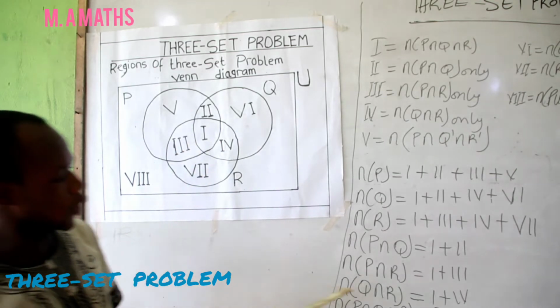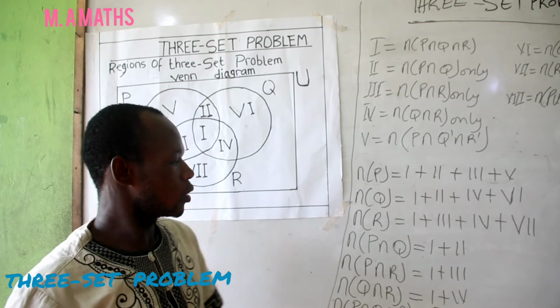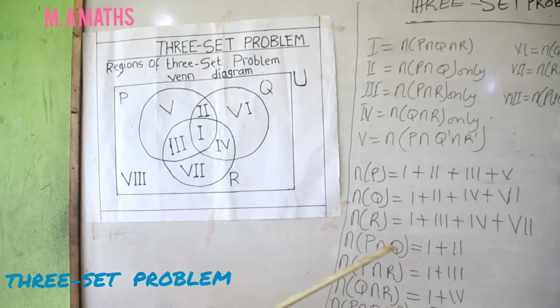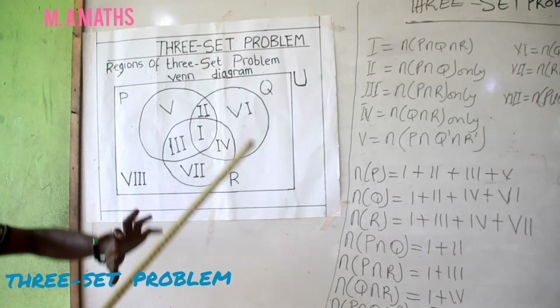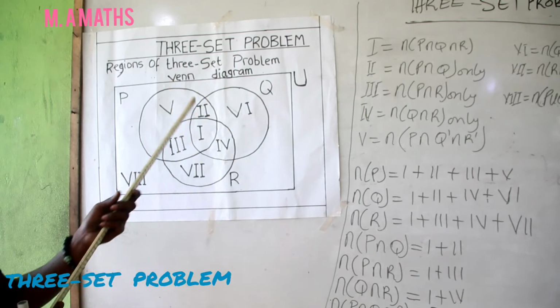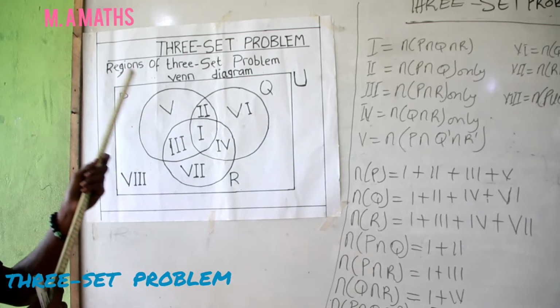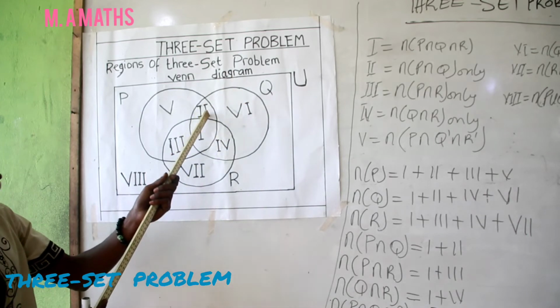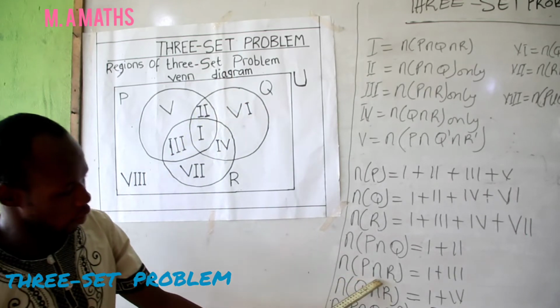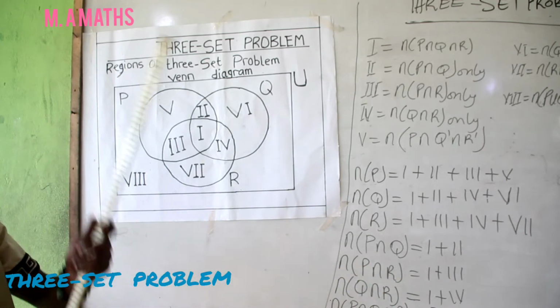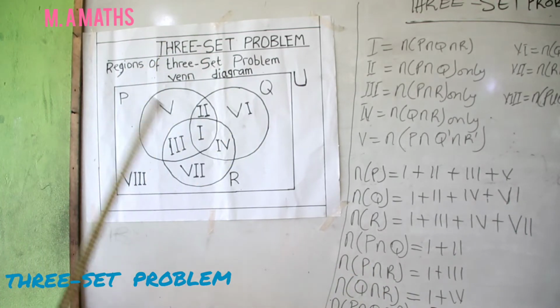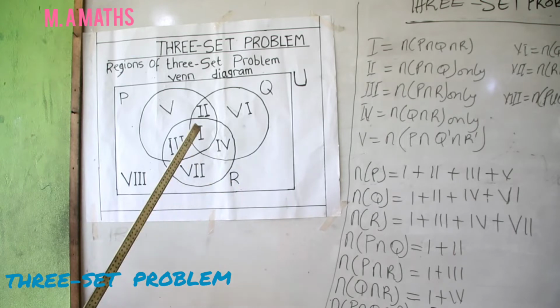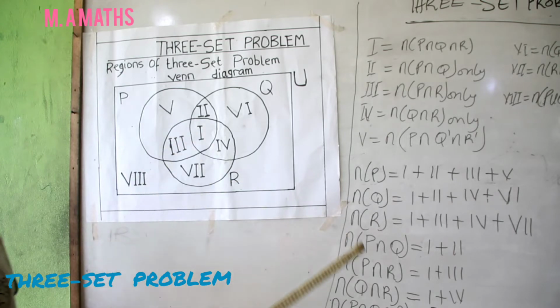After doing that, we look at the intersections. P intersection Q means that an element is in P and at the same time in Q, so it represents regions 1 and 2. P intersection R means the element is in P and at the same time in R, regions 1 and 3.